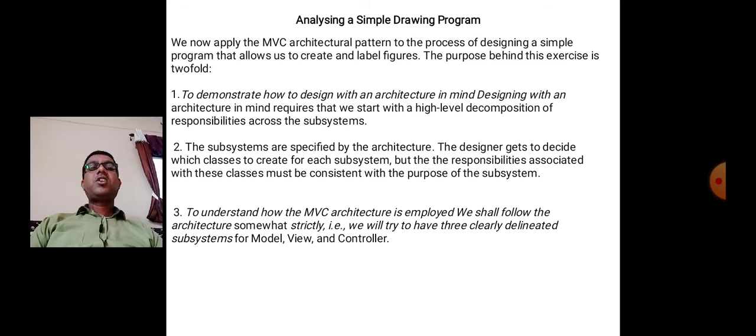Third one is that to understand how the MVC architecture is employed, we shall follow the architecture somewhat strictly. That means we will try to have three clearly defined subsystems for model, view, and controller.